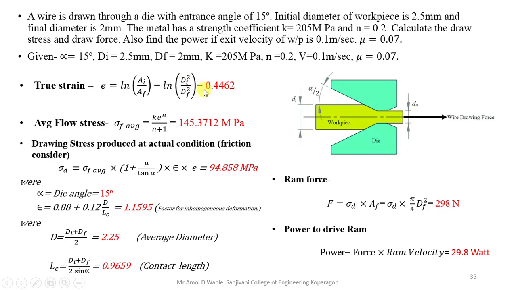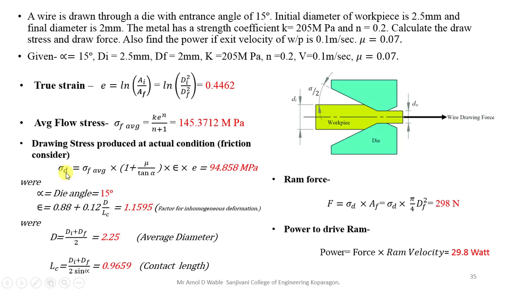So di square divided by df square. We know the initial diameter and final diameter, and the value will be 0.4462. Average flow stress, use the formula, find the value: 145.3712 megapascal. So here again this will be considered as an actual condition, not an ideal condition.